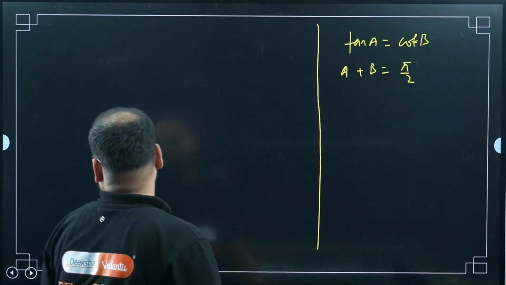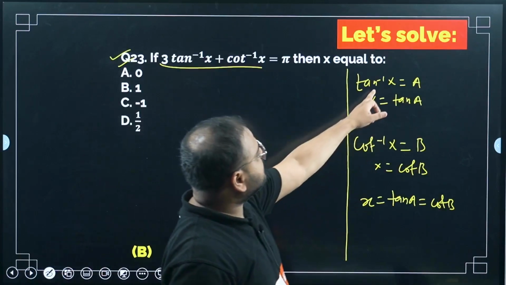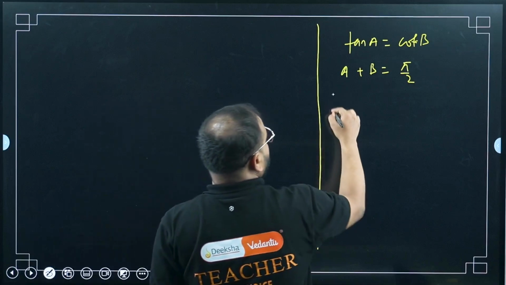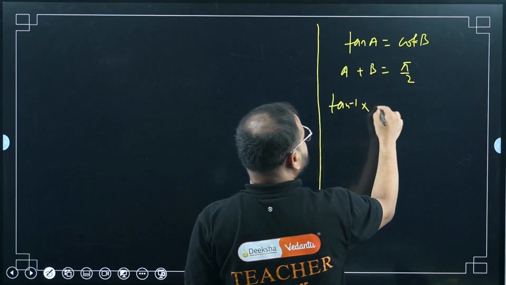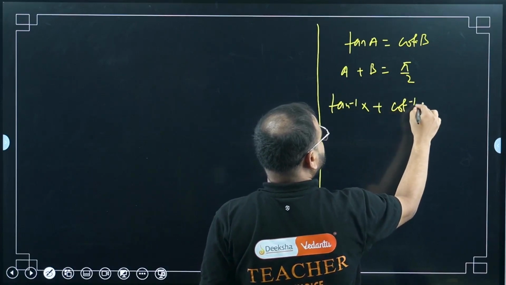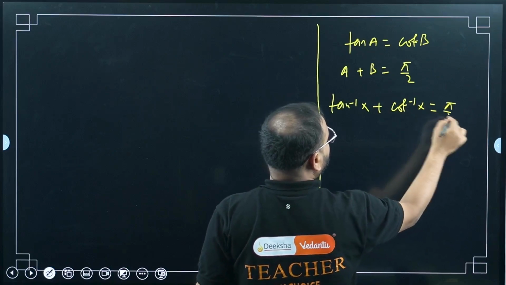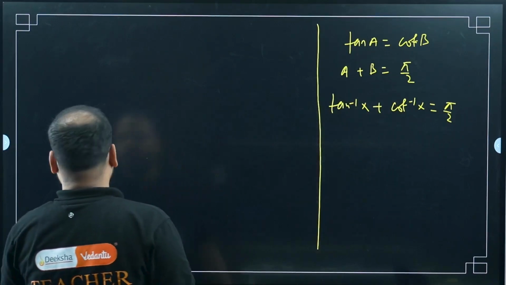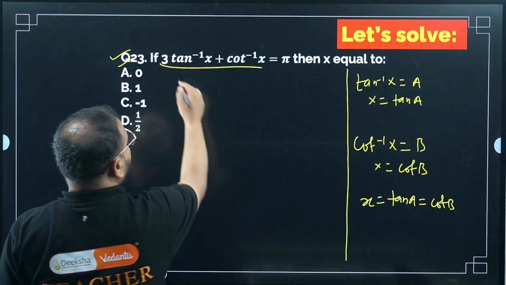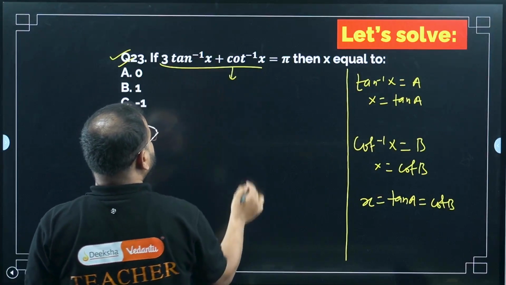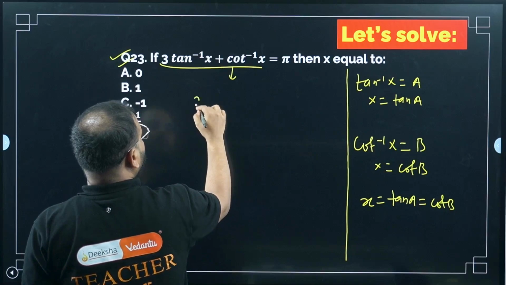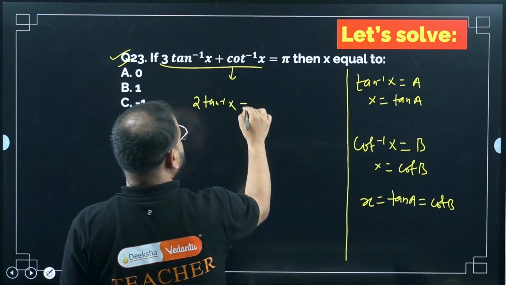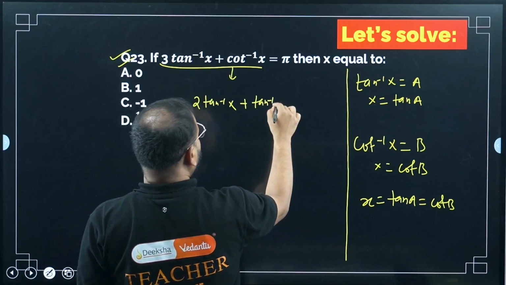What is my A value? Check here. My A is tan inverse of x, B is cot inverse of x. So let's write it there. Tan inverse of x plus cot inverse of x equals pi by 2. Why, sir? A is tan inverse x, B is cot inverse x. Now I can rewrite this statement as 2 tan inverse of x plus tan inverse of x.